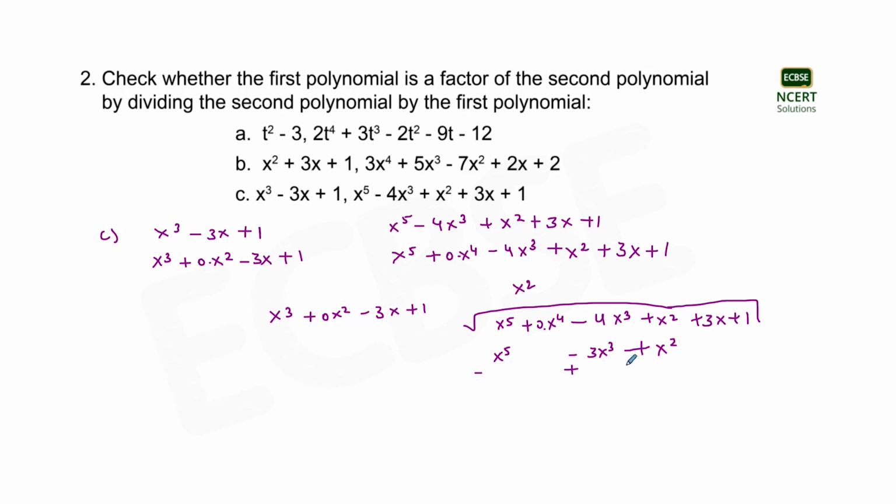Now changing the signs and subtracting the second from the first polynomial, we will obtain minus x raised to power 3 plus 3x plus 1. As the degree of the dividend is greater than or equal to that of the divisor, again we need to repeat the steps 1 and 2.